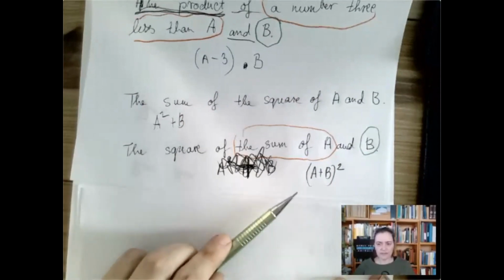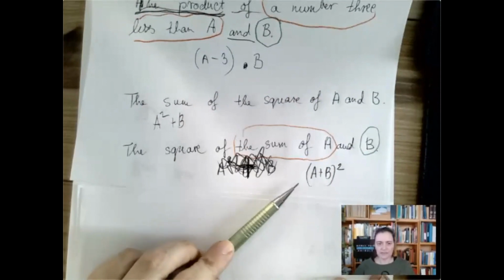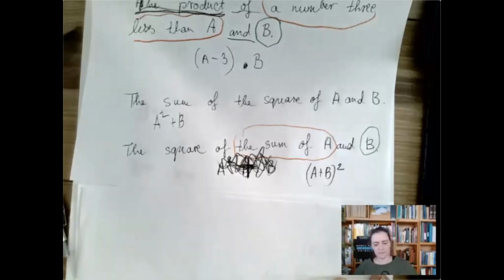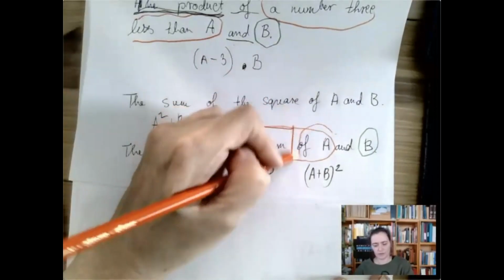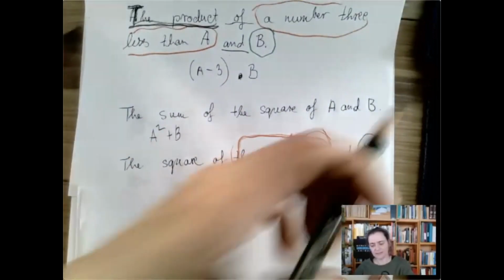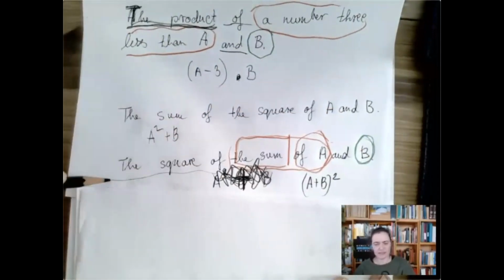This one cannot be interpreted in any other way than the square of the sum of A and B. The sum of A and B, and then the square of it. It's very mathematical, basically. All right, let's do some more.